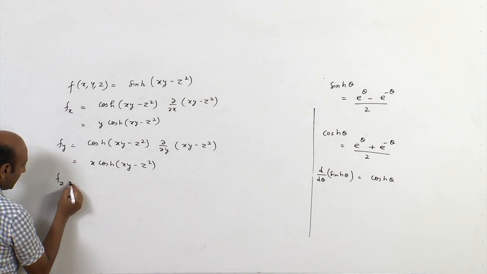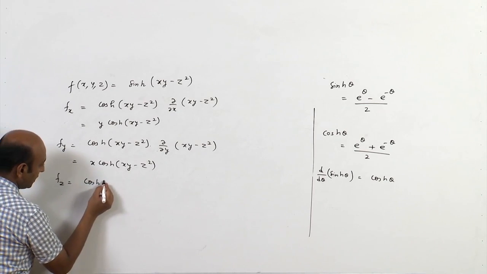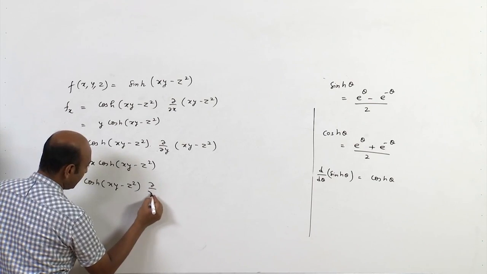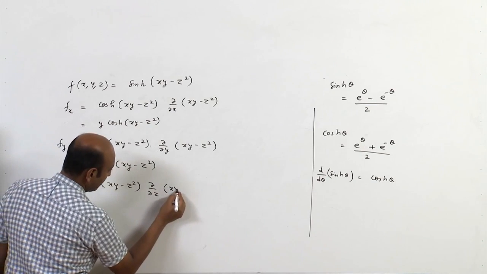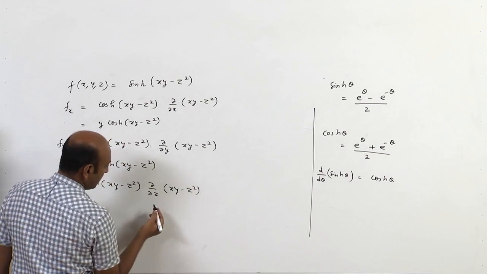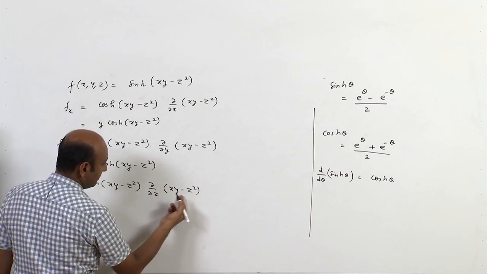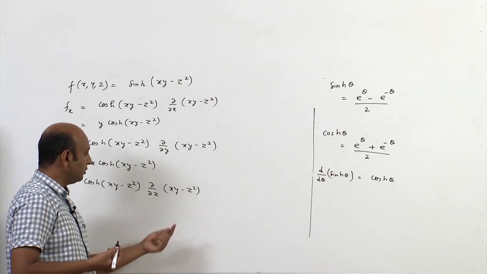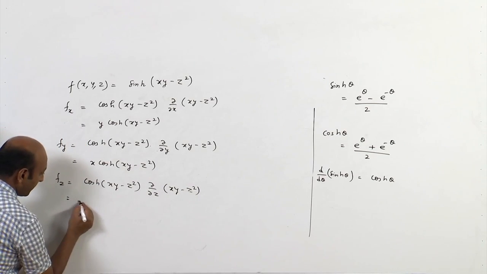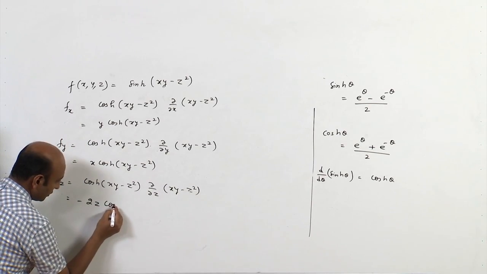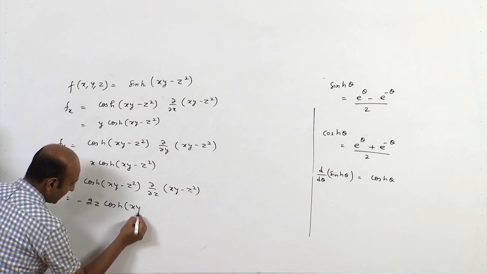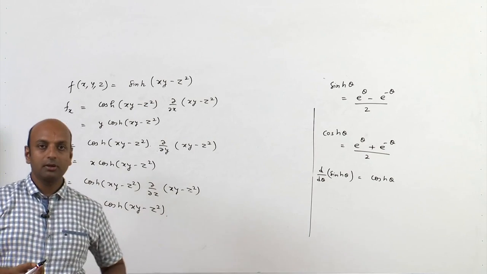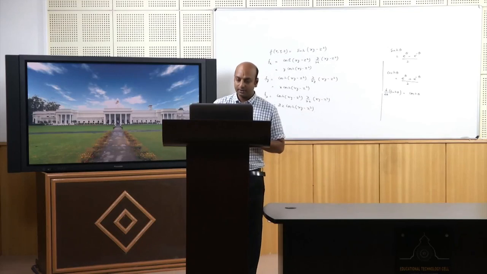And f_z will be cos hyperbolic of xy minus z square into del by del z of xy minus z square. The derivative of the first term with respect to z partially is 0, then this will be minus 2z times cos hyperbolic of xy minus z square. So, this is how we can compute f_x, f_y or f_z.